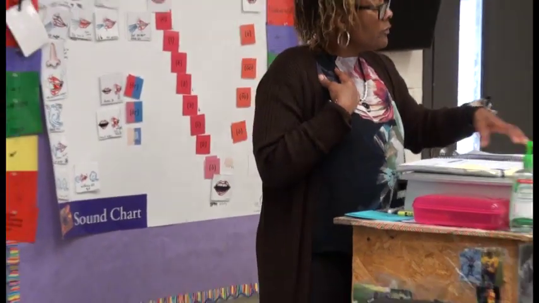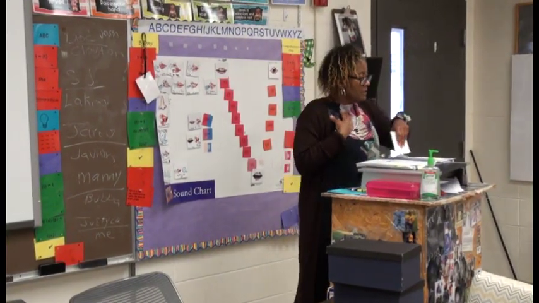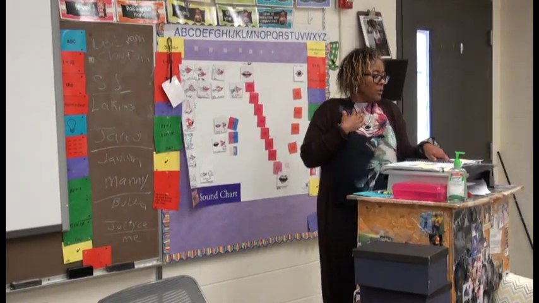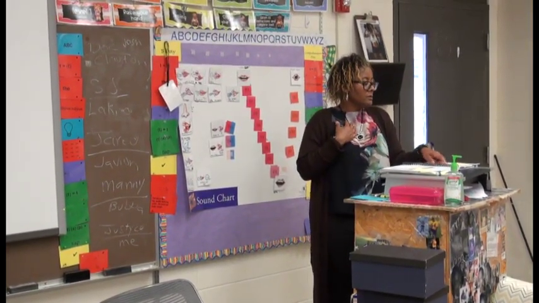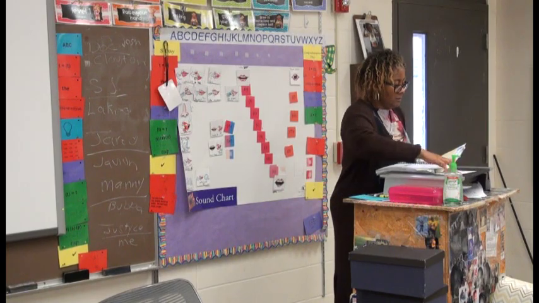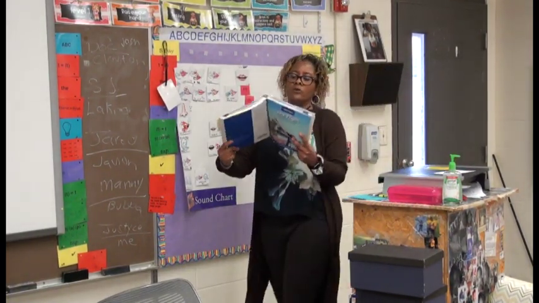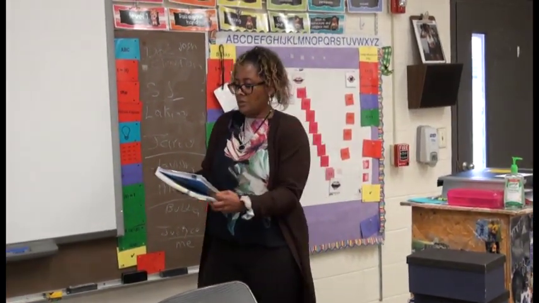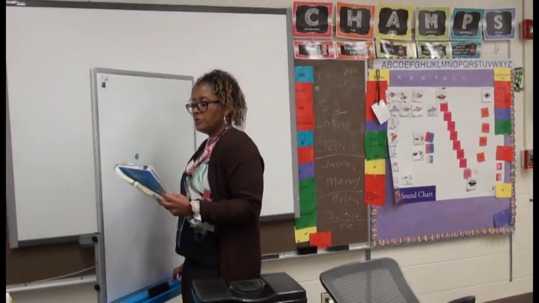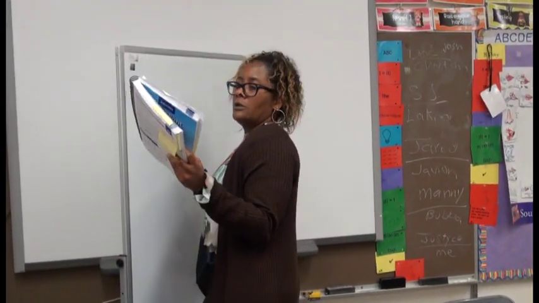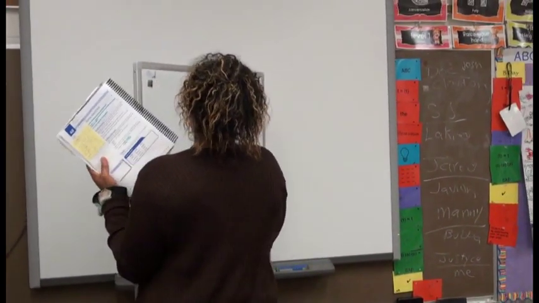So I want you to repeat these words after me. I'm going to put some words on the board, and then I want you to tell me what letters you see that are alike.